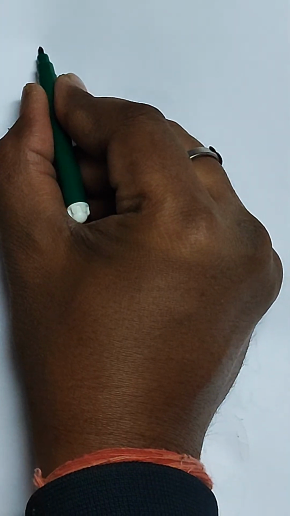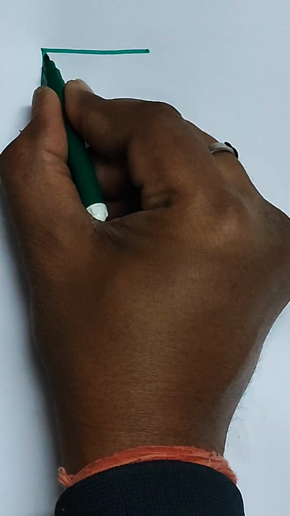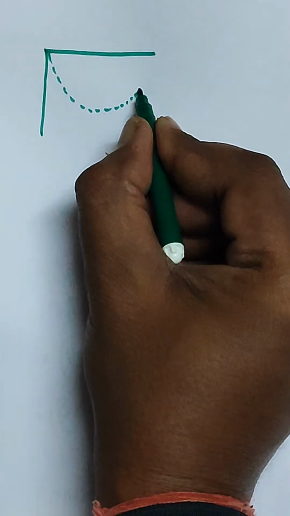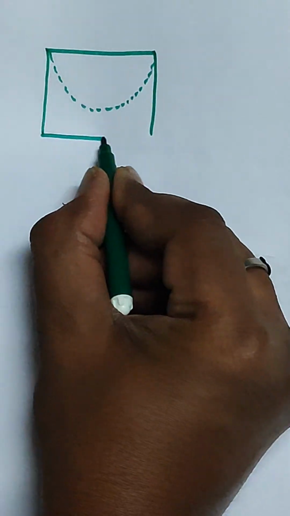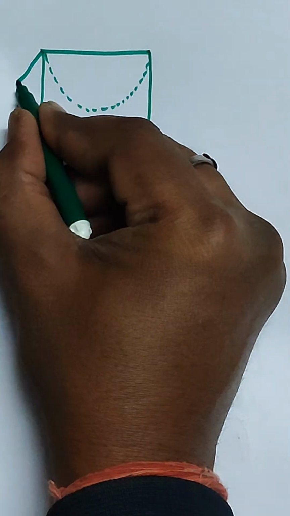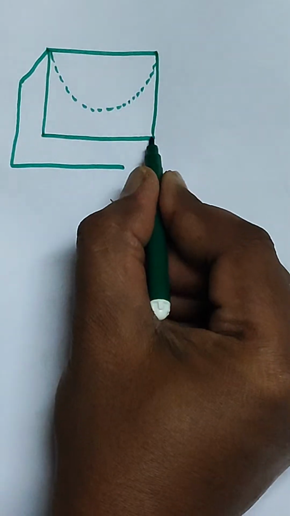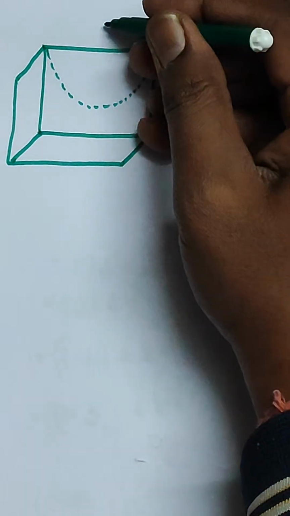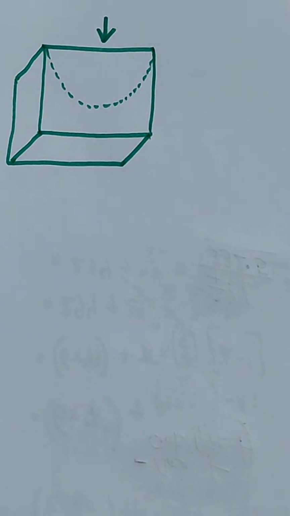In the second question, it's given that a cube is there, but inside it a hemispherical shape is cut out like this. So this block will be looking like this. If you see it from the top, there are two shapes.